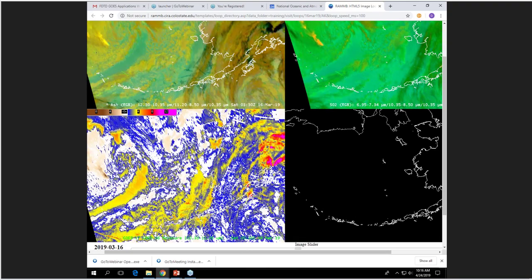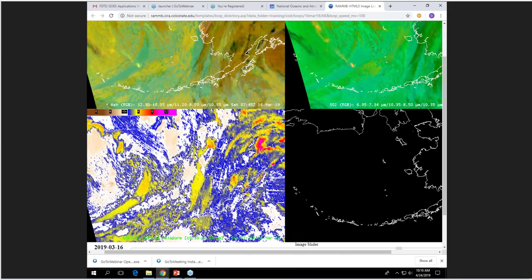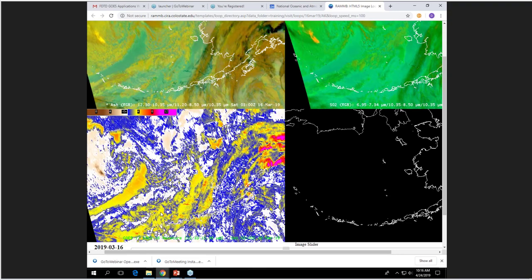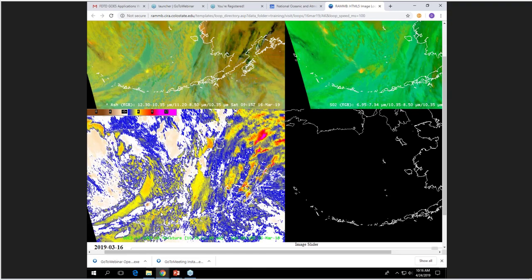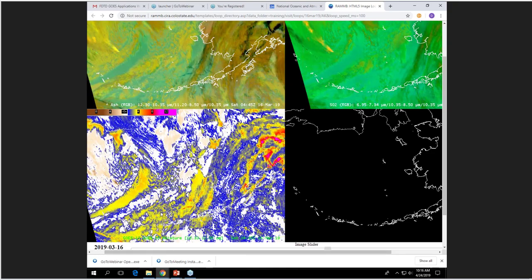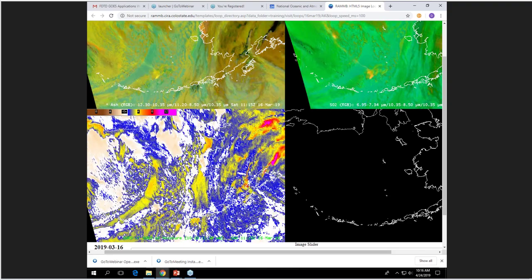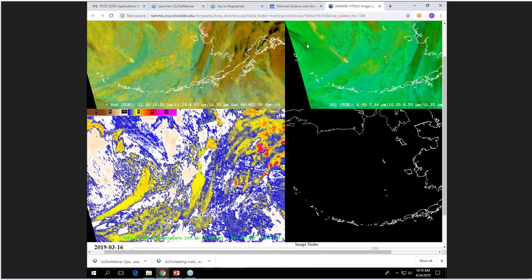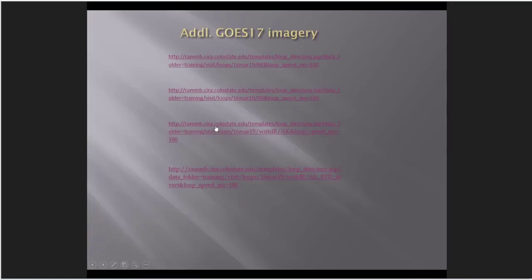You can see the plume nicely through 12Z on the 16th, right there, and go to the next loop.